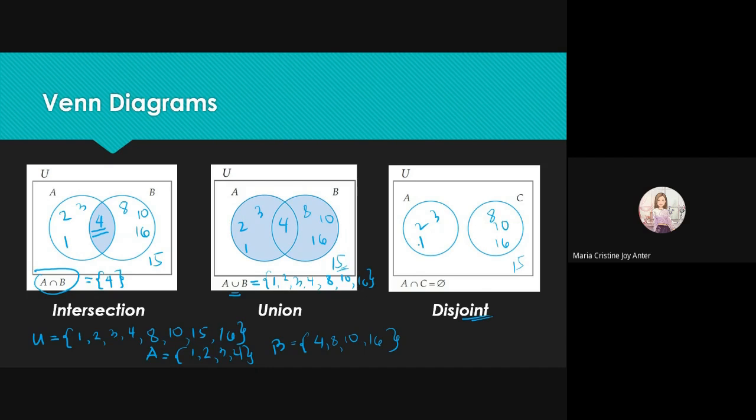If you take a look here, it looks like an intersection, but since their intersection has no common element, you put the null set as its equivalent. So that's how we write disjoint sets. Okay? That's how we express them.